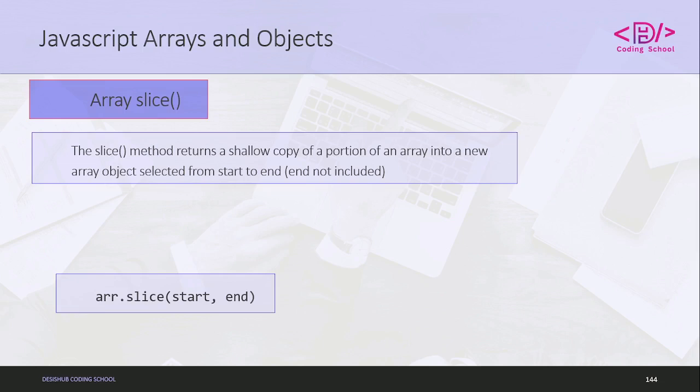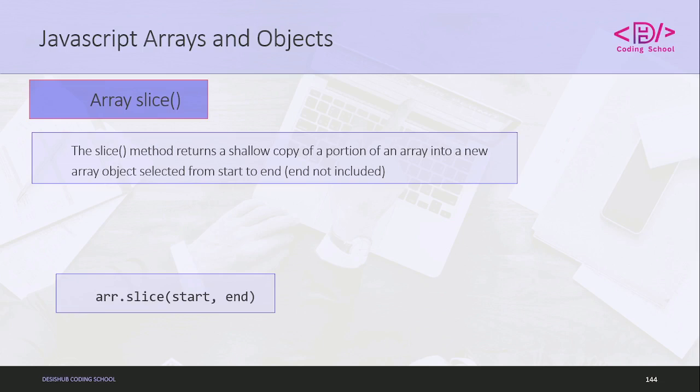We looked at the slice method in strings, and it was returning a shallow copy of a portion of a string, and it does the same thing in arrays. So the slice method returns a portion of an array into another array.